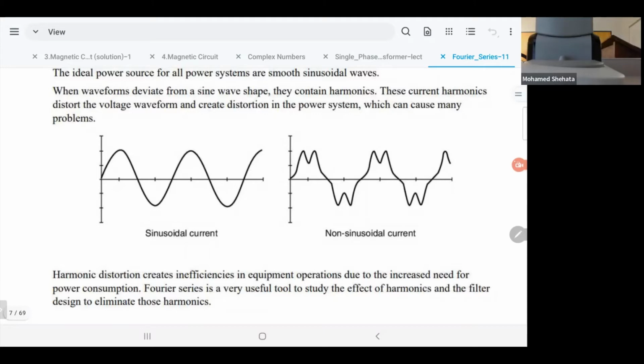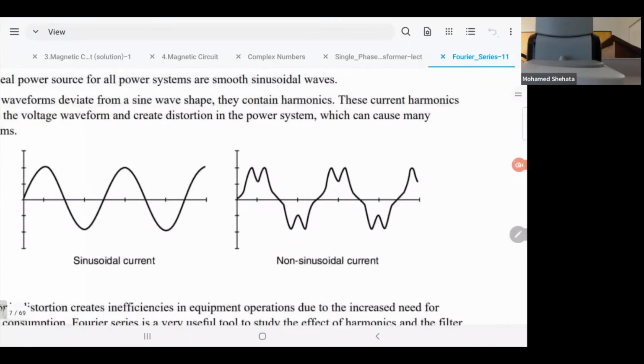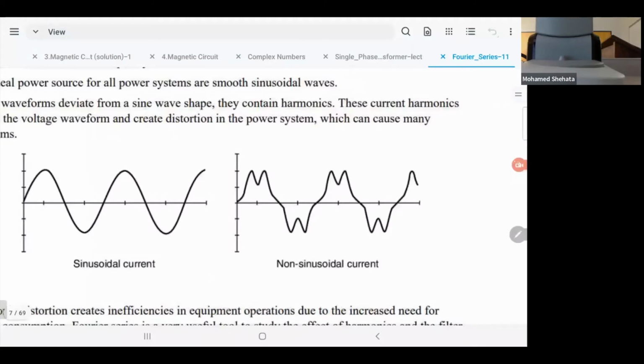In industry, we have huge inductors, huge capacitors, huge equipment, especially inductive load, and they cause distortion. You have a furnace, and when they start welding or something like that, that's a high current, so a disturbance like that happens. So the voltage waveform in the transmission line, or because of the distribution system, has distortion like that.